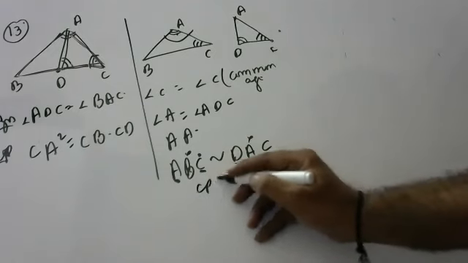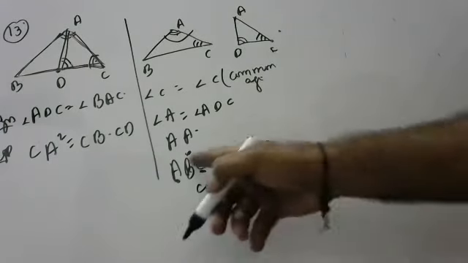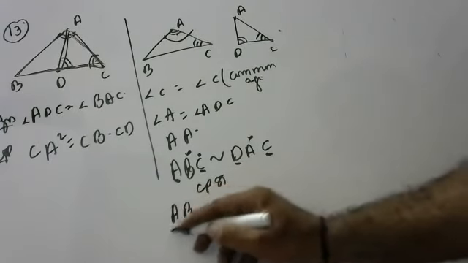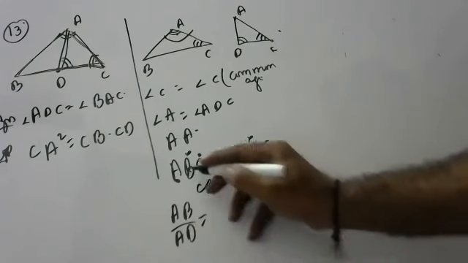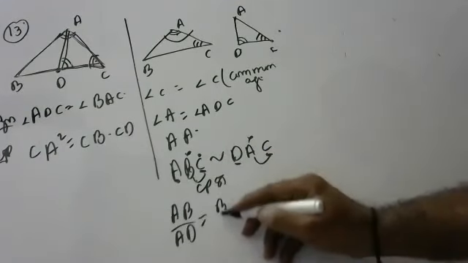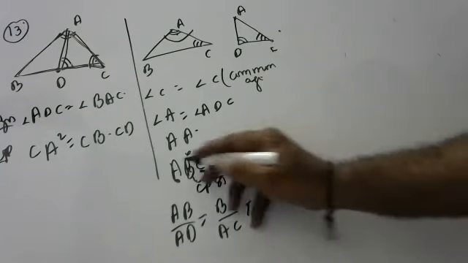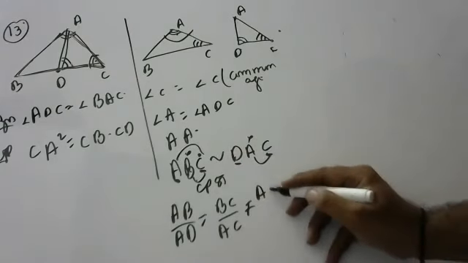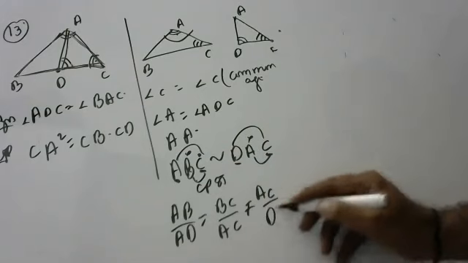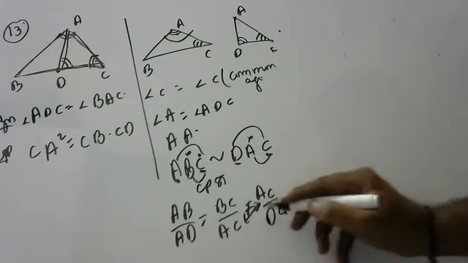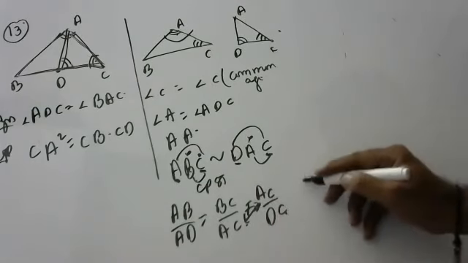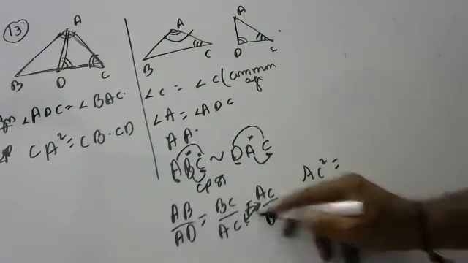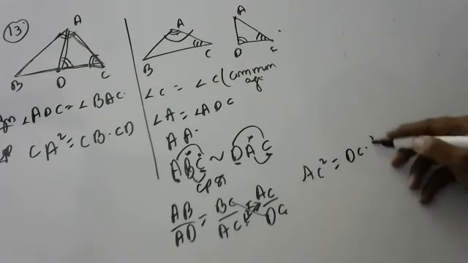Can anyone tell CPCT now? AB by AD is equal to BC by AC, and AC is equal to AC by DC. AC by DC: AC into AC, AC square, equals DC into BC.